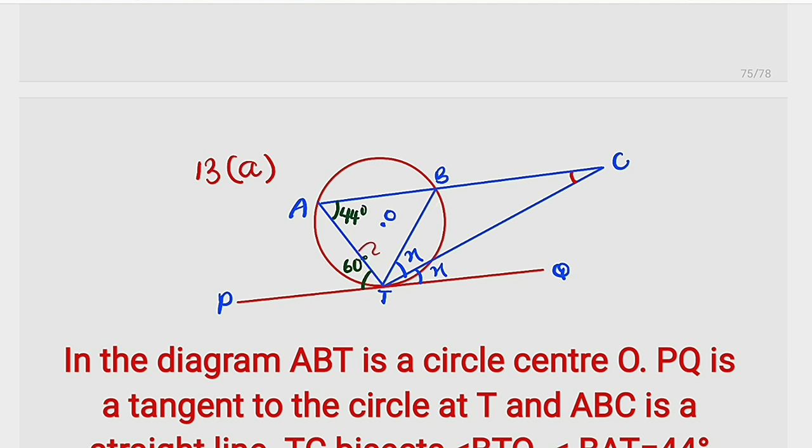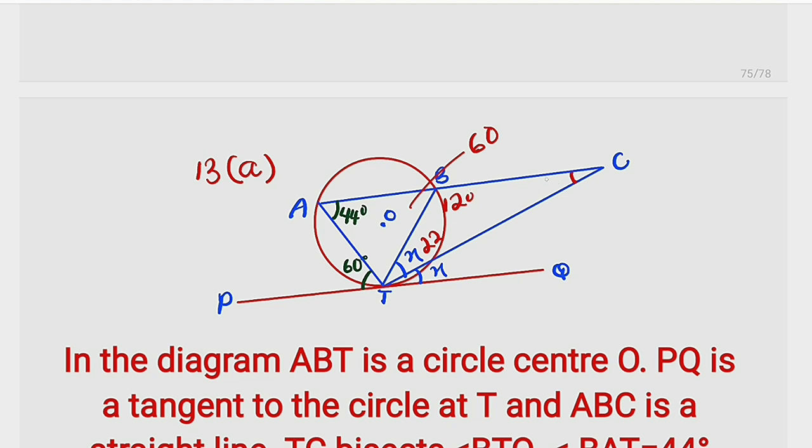rough work. You know that this and this are equal according to alternate segment, so you can just mark this one as 60. Then you know that these two together is 44, but since this line bisects the angles, you divide them mentally, and this will give you 22. And I know that these two angles together equals 180, so if this is 60, this must be 120.